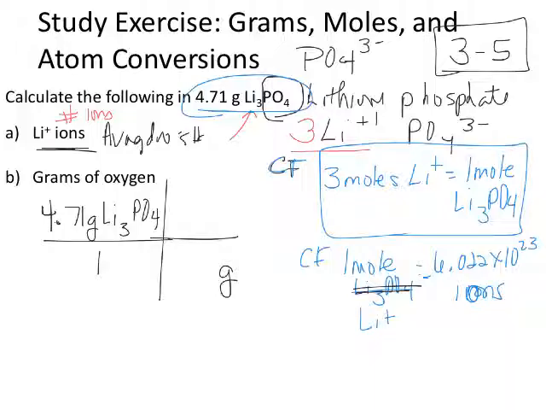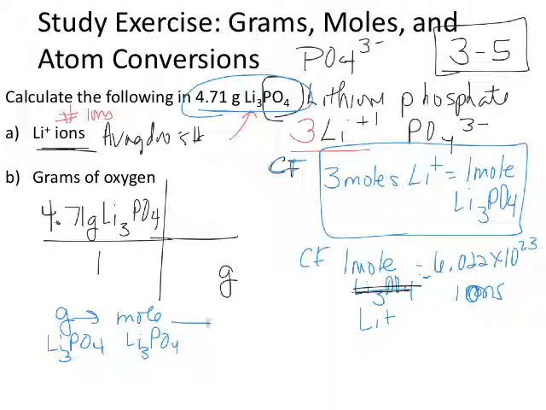Our plan then is going to go from, we're given grams, and we can go from grams. And this is important to put the actual formula because we're going to switch from lithium phosphate to lithium. And when you have to switch from an element to another element or a compound to another compound, you need to put that in your conversion. So we're going to go from lithium phosphate grams to moles of lithium phosphate.